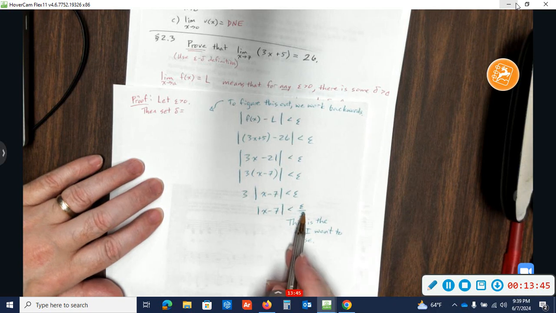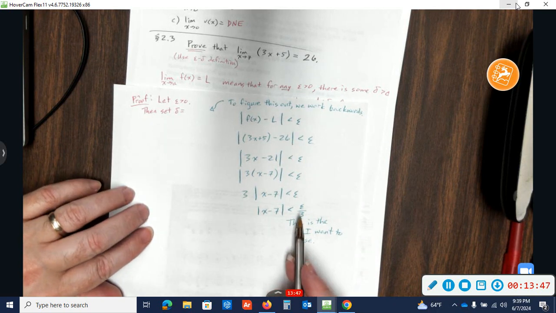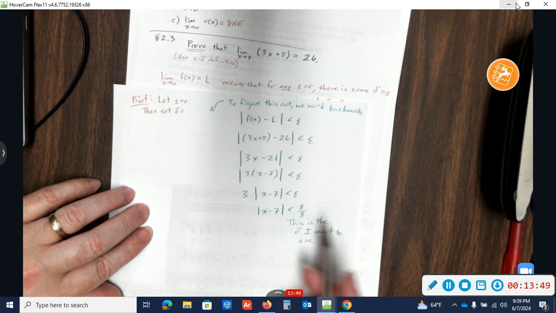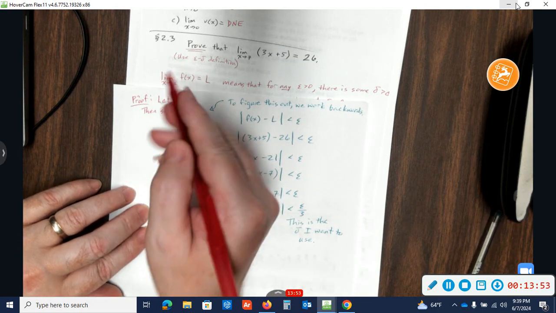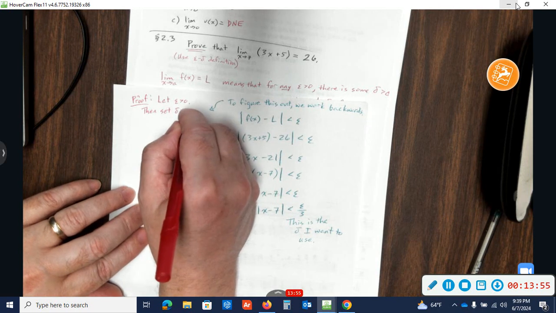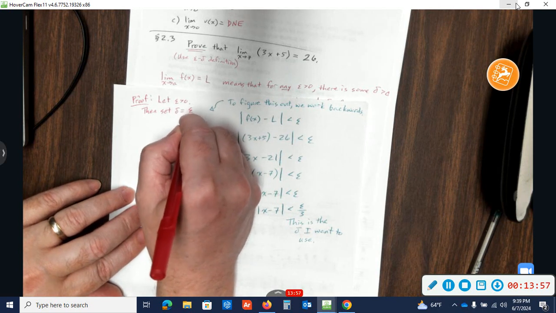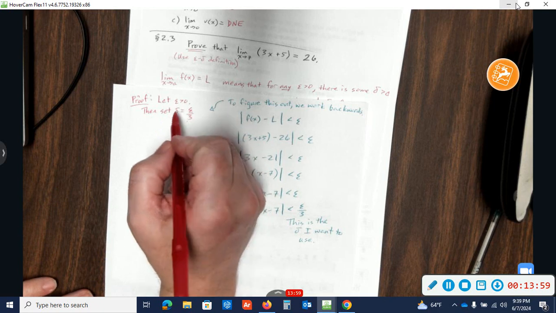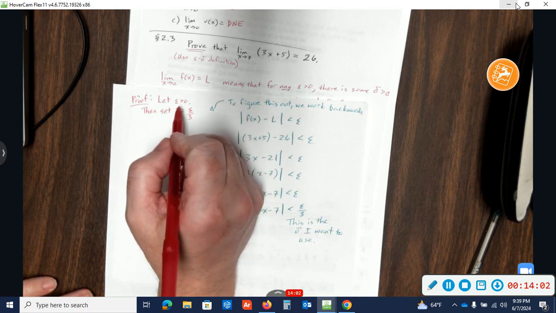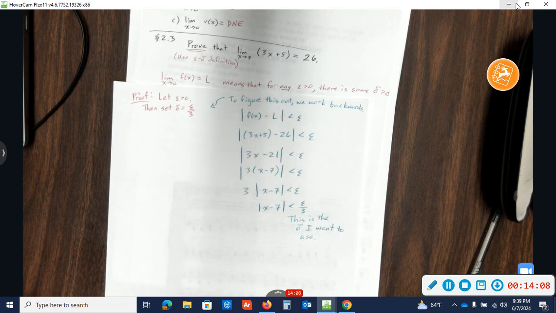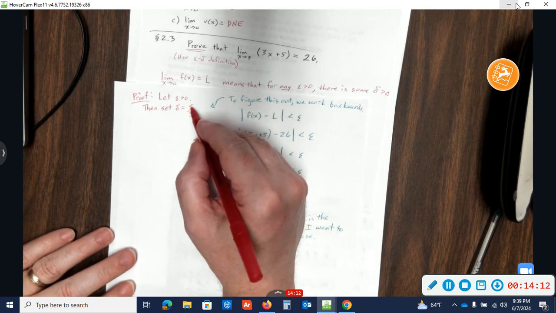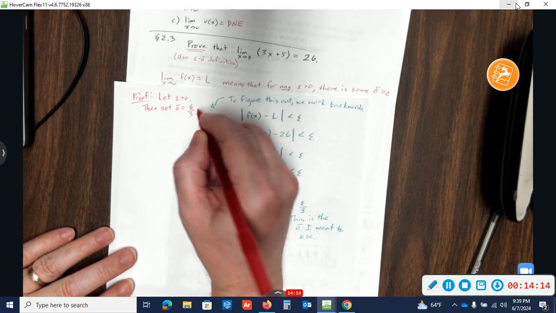Actually, any delta smaller than that is still going to do the job, but this is sort of right at the edge. Now set delta to be epsilon over 3. Epsilon could be a tenth, epsilon could be a hundredth, epsilon could be a millionth. No matter what the epsilon value is, no matter how tiny the epsilon value is, I can cook up a delta value. I'm just going to take epsilon over 3.